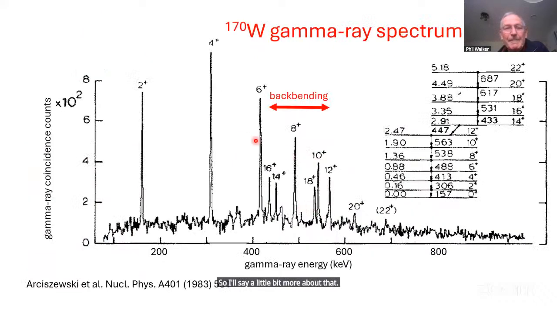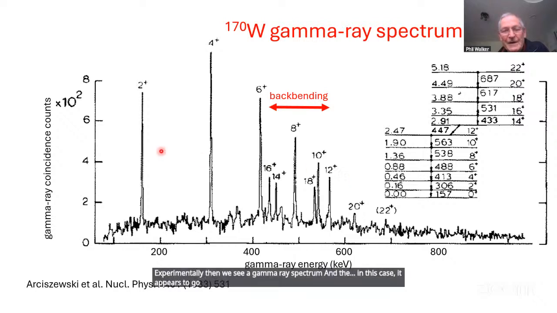How do we view this experimentally? Then we see a gamma ray spectrum, and in this case it appears to go in the other direction.